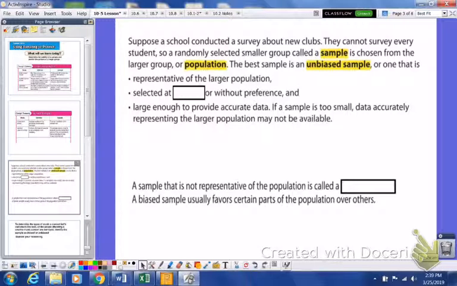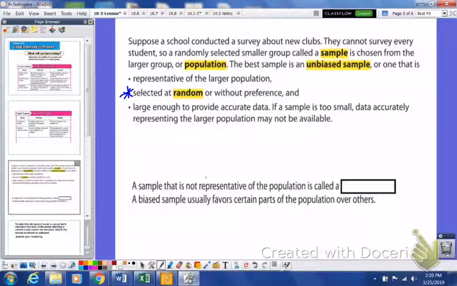In order for it to be unbiased, we need it to be representative of the larger population. It needs to be selected at random or without preference. It needs to be large enough to provide accurate data. So if a sample is too small, data accurately representing the larger population may not be available. So the biggest thing that we're looking for here is, is it random? In order for it to be unbiased, we're looking for is it random and does it represent the large population?